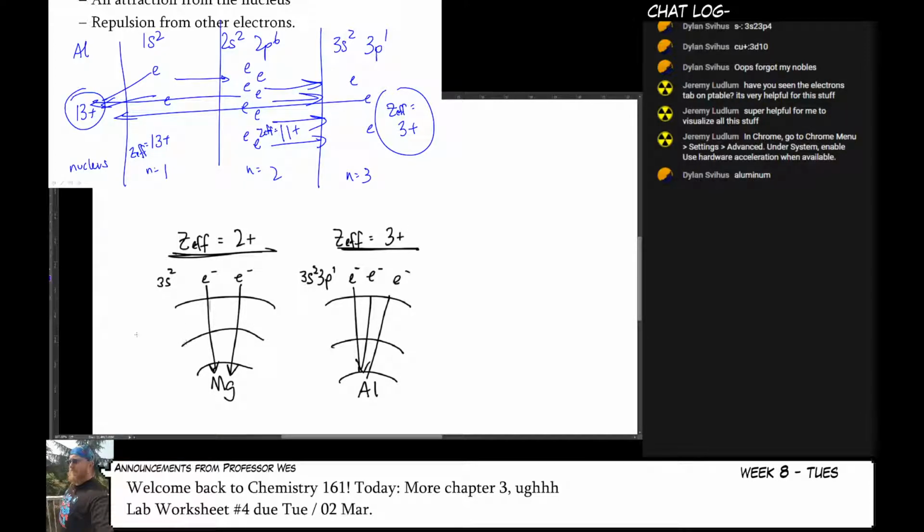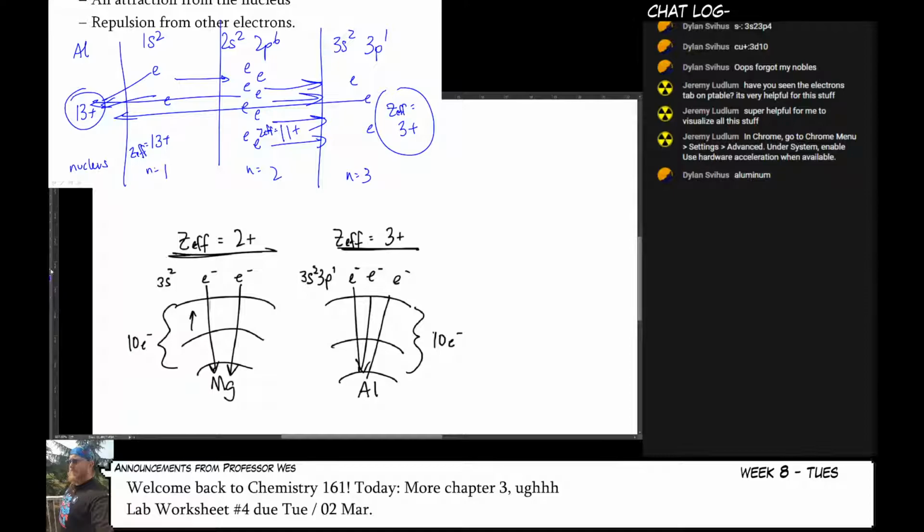What's in the middle here? In this area would be 10 electrons that are pushing out, right? But in this area over here, it's still 10 electrons, so the repulsive force is identical. But as I add electrons on the outside, I'm also adding protons on the inside. And so the effective force that these outer electrons feel starts to increase as we go across the periodic table.